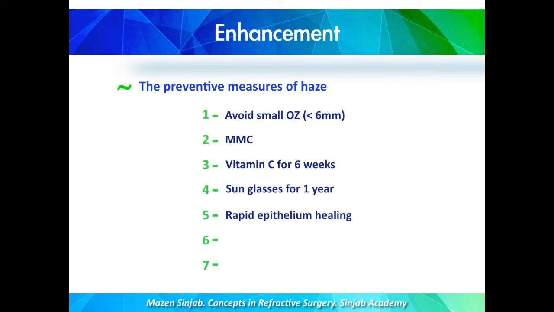In addition, we have to enhance epithelium healing. And the patient should use lubricants for at least 3 months. And steroids should be used for at least 3 months. Of course, weak steroids to avoid side effects such as cataract and increased IOP.